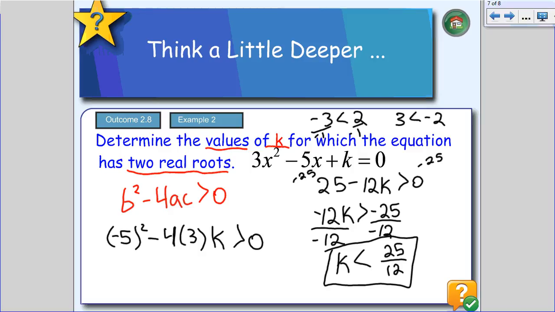Question? Why does the sign change, the big end pointing to the negative 12K? Because we divided by a negative. So anytime you divide or multiply by a negative, it'll switch that middle sign. And if you're ever wondering why, just test it yourself. Negative 3 is less than 2. That's true, right?